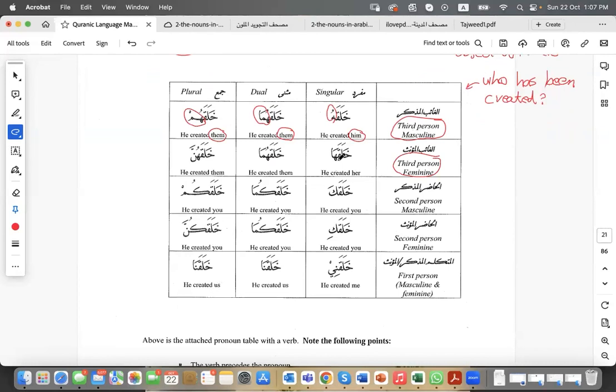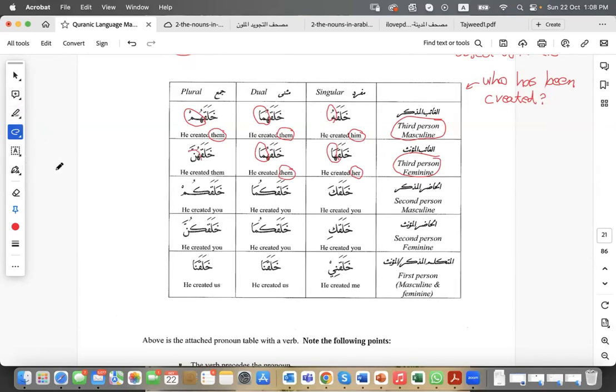We know that the third person feminine singular is the ha with the fatha and the alif, so خلقها, he created her. خلقهما, again created them, and here we're talking about two females. خلقهن, hunna, coming at the end here again.